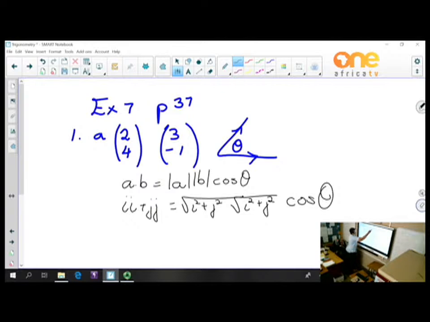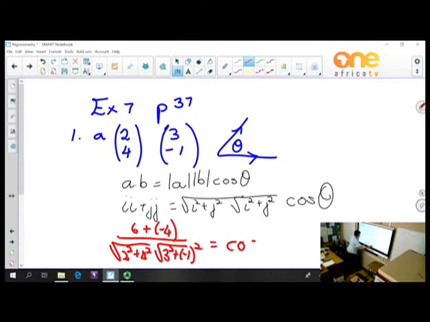Okay, so what is A dot B? It will now be 2 times 3, which is 6, plus 4 times negative 1, negative 4, over, and the magnitude here is now 2 squared plus 4 squared. So it's the magnitude of 2 squared plus 4 squared times the magnitude of 3 squared plus negative 1 squared is equal to cosine theta.